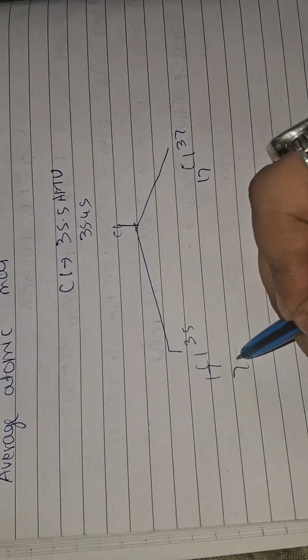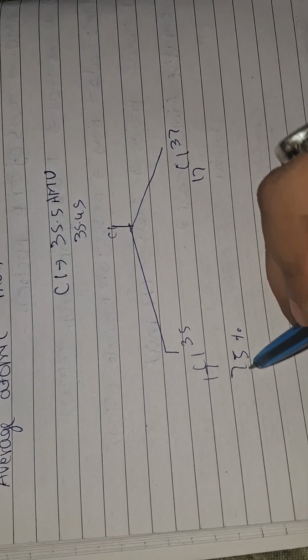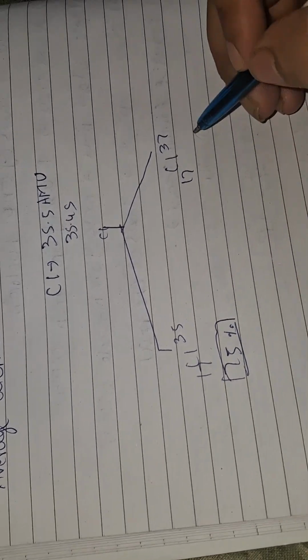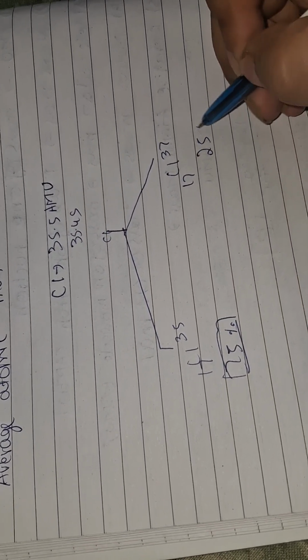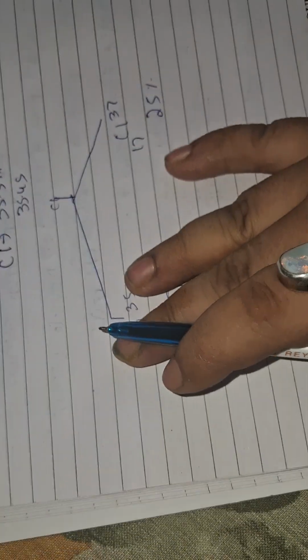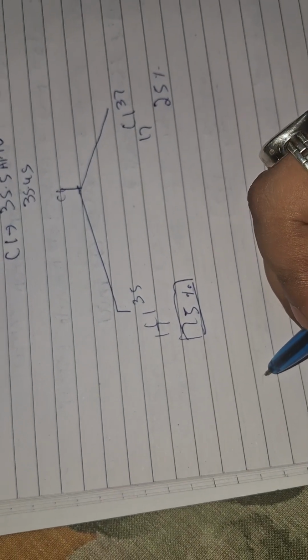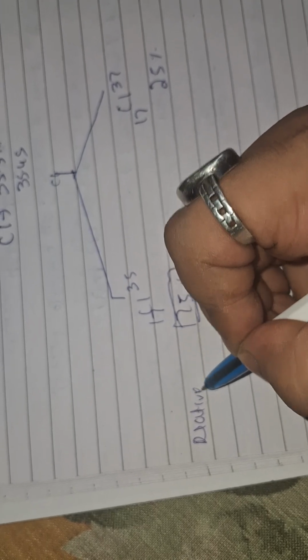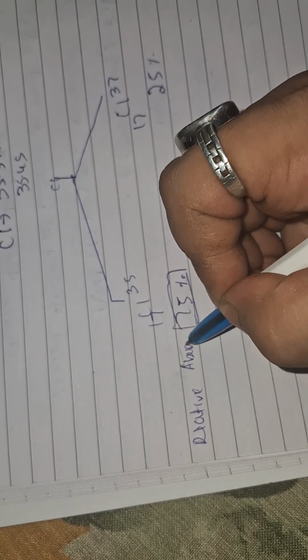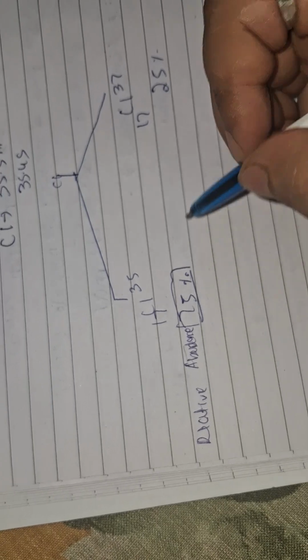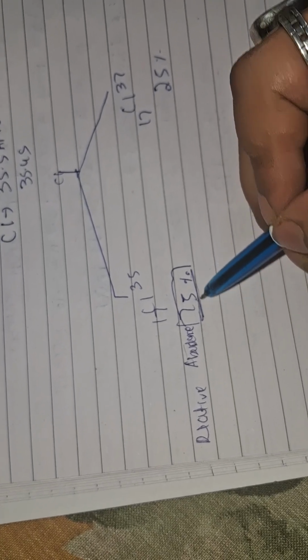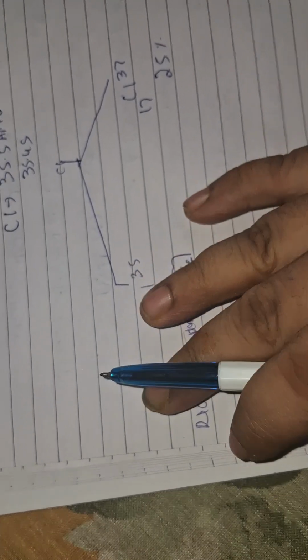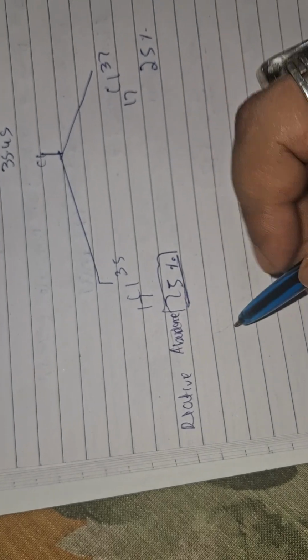This is very massively present, 75% in nature, and this is about 25% in nature. So this is the relative abundance, by the way. Don't get confused if a question says relative abundance as 75 and 25 or 3:4.